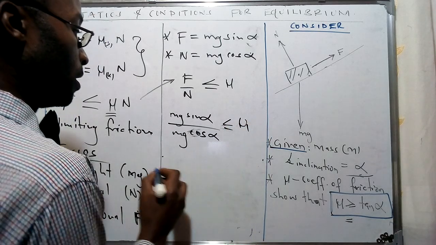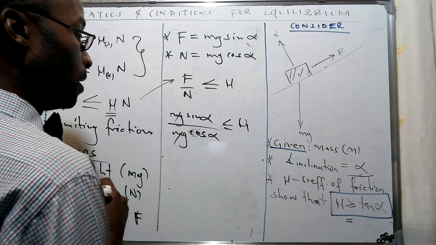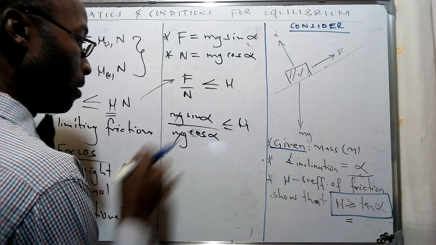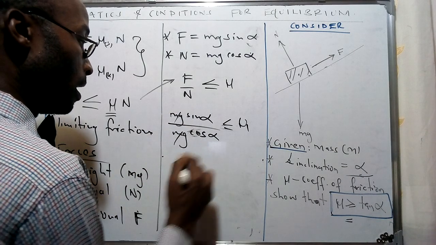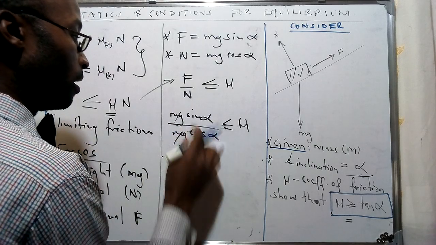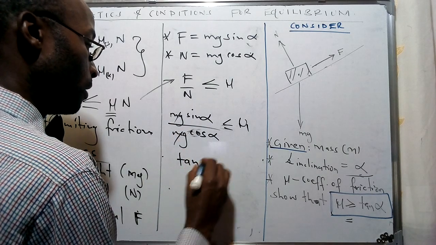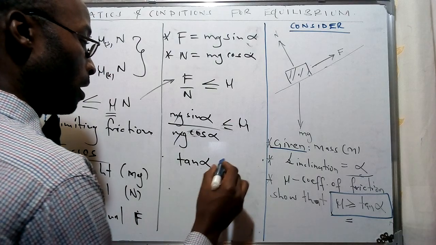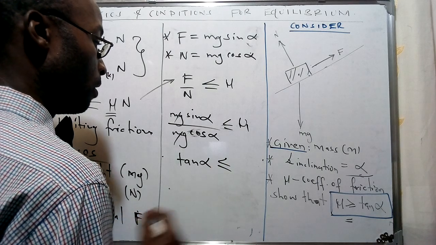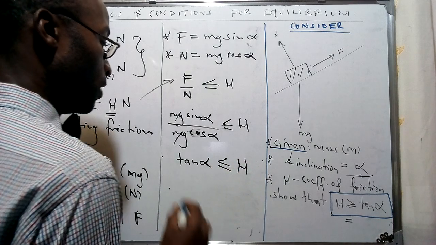And from this illustration, the mg is going to cancel out. Now the ratio between the sine and the cosine of alpha is going to give us tan alpha, which is smaller than or equivalent to the coefficient of friction.